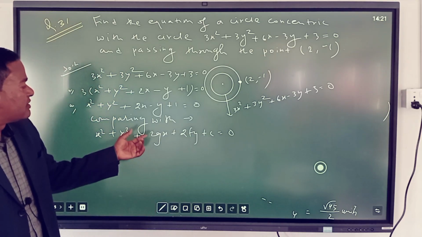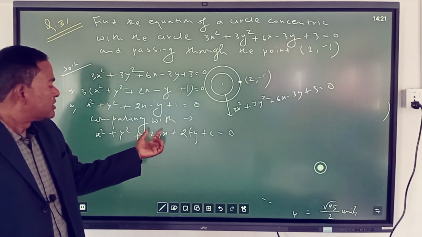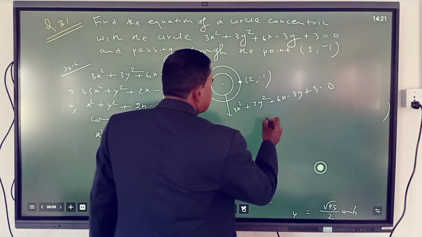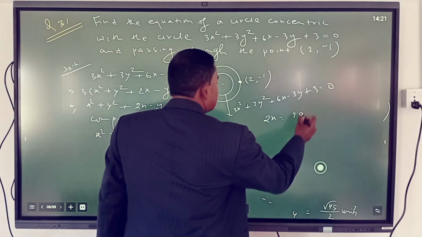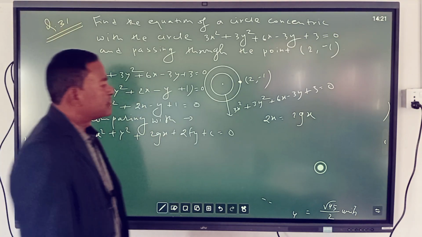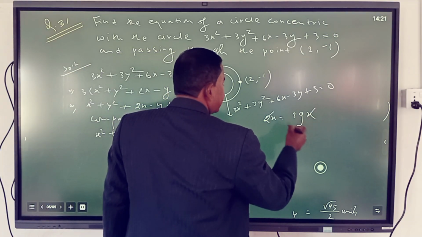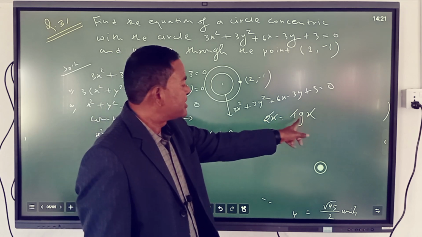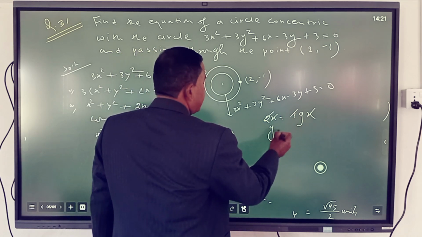So let's compare the term 2x with 2gx. Dear students, if we compare 2gx with 2x, then 2 will cancel, 2 will cancel and x will cancel. That means the value of g will be 1.